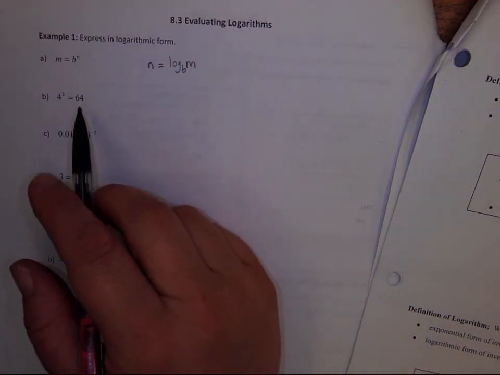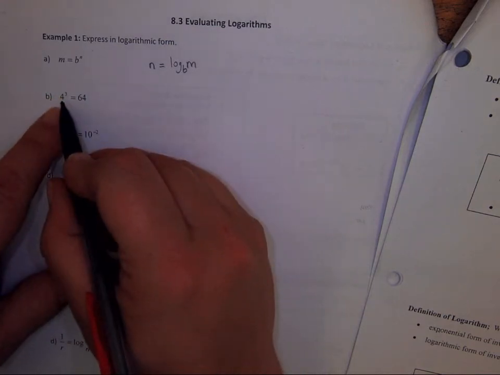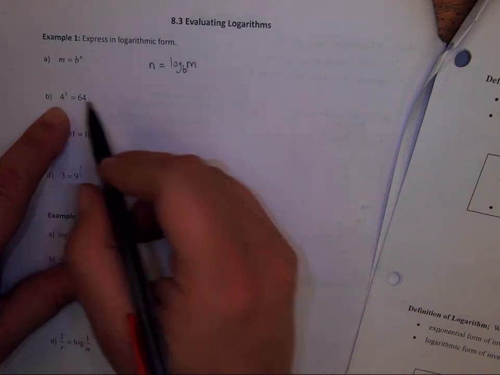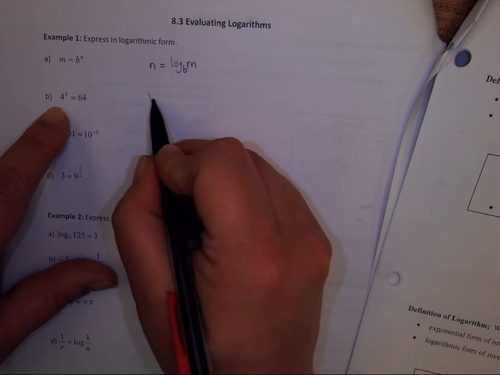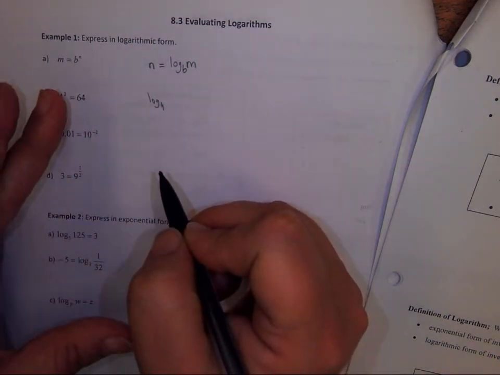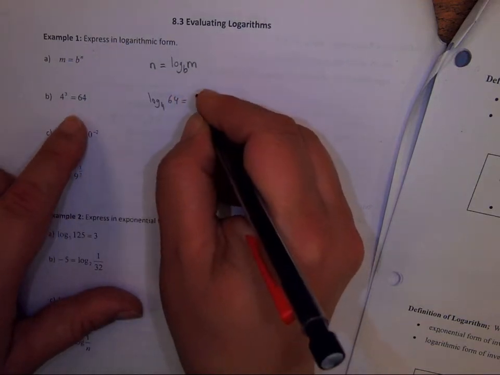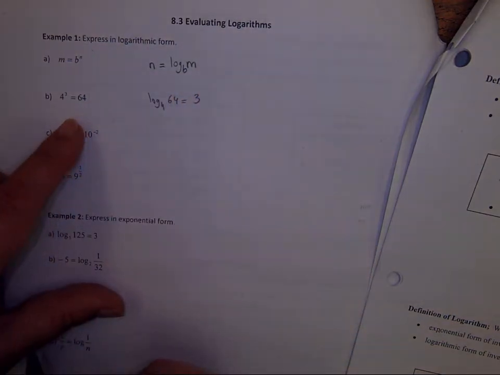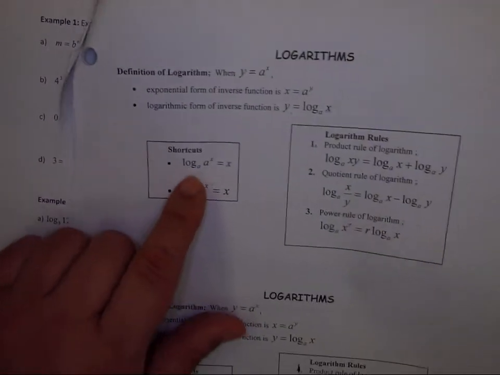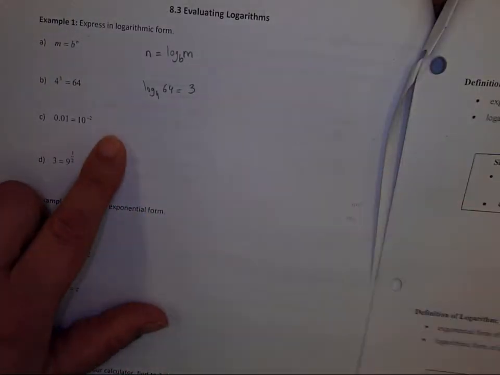Let's do it for part B. Base of the exponent is 4, so we're going to make it the base of the logarithm. The other two values switch sides, so 64 goes here and 3 goes there. When I explained this shortcut for evaluating, this is what I said, right?